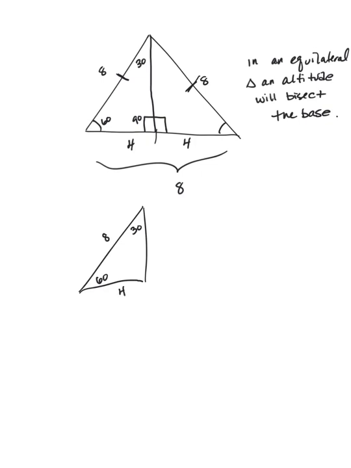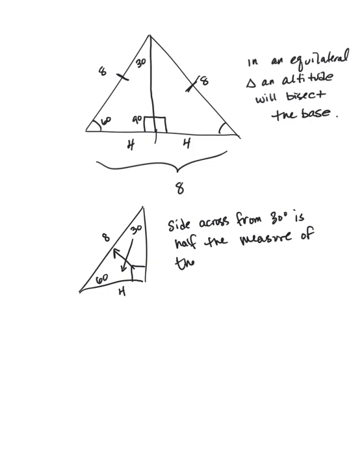Okay, number 1. The side across from 30 is half of the side across from 90, okay? So the side across from 30 degrees is half the measure of the side across from 90.